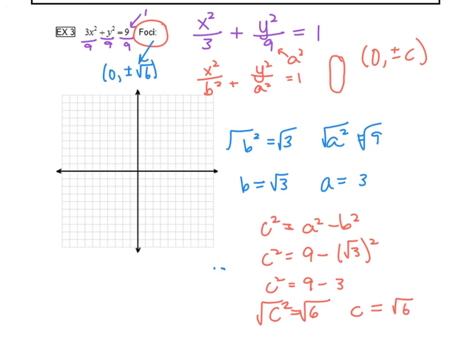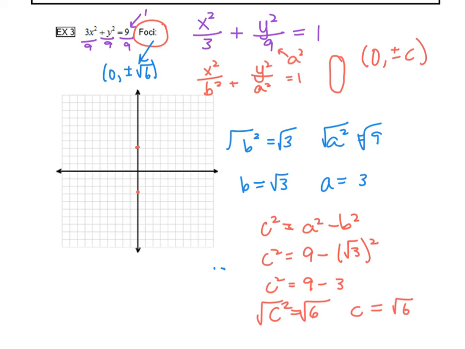Now, if you notice, this sorry little drawing of an ellipse I have over here, I think of it as being vertical. So that means that, remember when we said a is the largest number, so that longest distance is that vertical distance. So from the center of our graph, our a value is 3, so you're going to go up 3 and down 3. And those are going to be the first points that we plot for our ellipse.